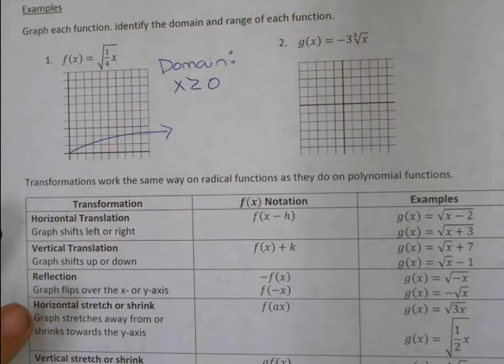I can't plug in negatives, so my domain's only positive numbers. So the domain's always going to be like that, equal to or greater than. Maybe it can also be all real numbers. Yeah, when I can plug in negative numbers.